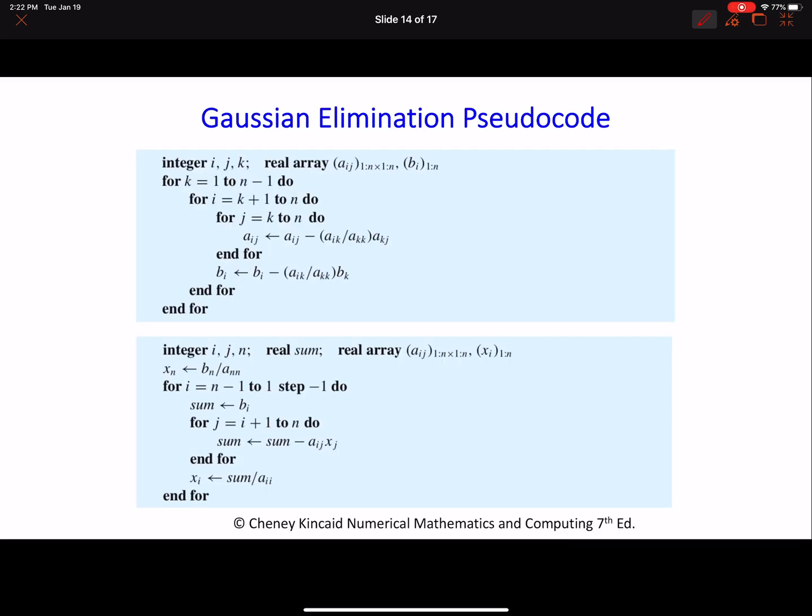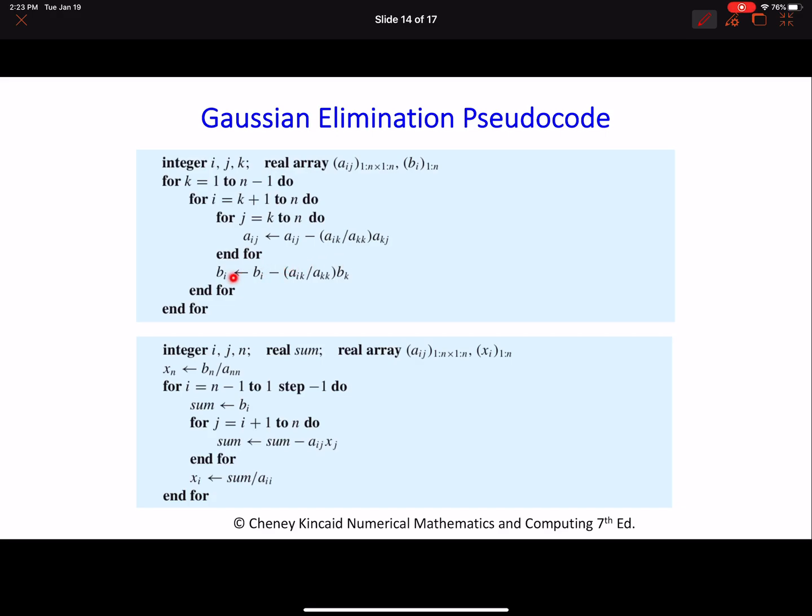So here is the summary of this procedure. There are two parts: the forward elimination procedure and then the backward. In the first part, you iterate and do this n-1 times. Here you rewrite those equations and substitute each number in that augmented matrix by this number instead, as we just talked about.